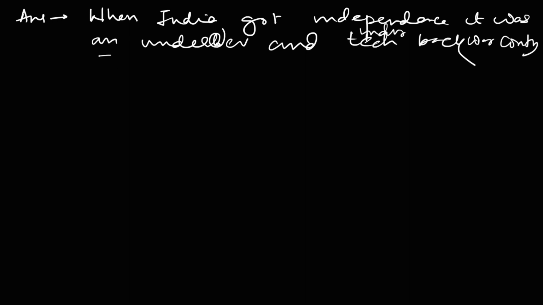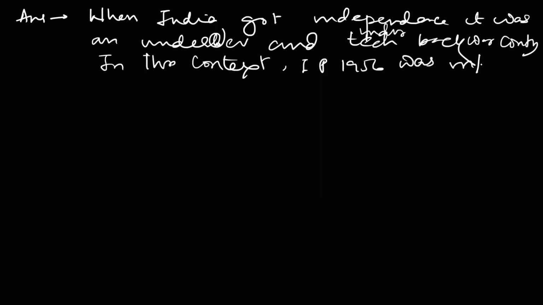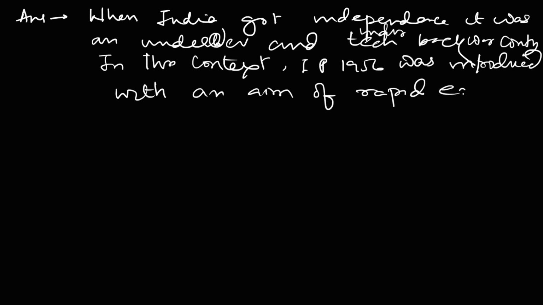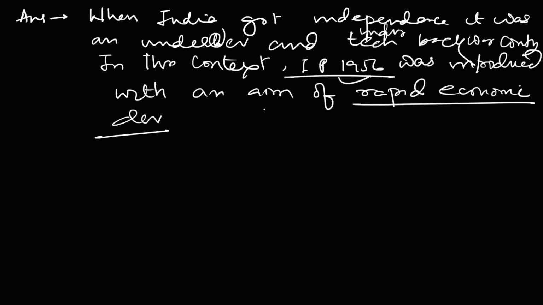In this context, the industrial policy of 1956 was introduced with an aim of rapid economic development. So what was the aim of the industrial policy in 1956? It was rapid economic development. And why did we need rapid economic development? Because of the backwardness caused by colonial rule.